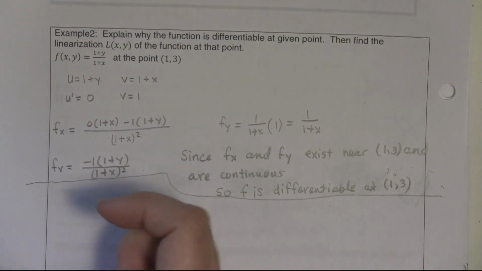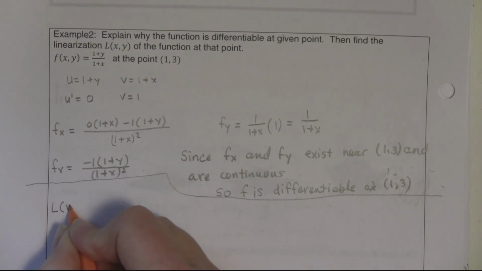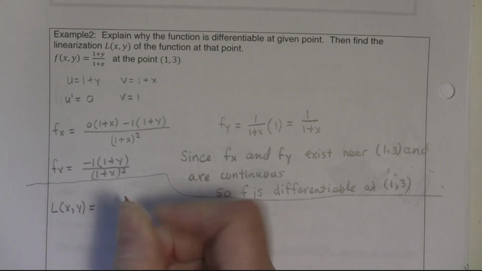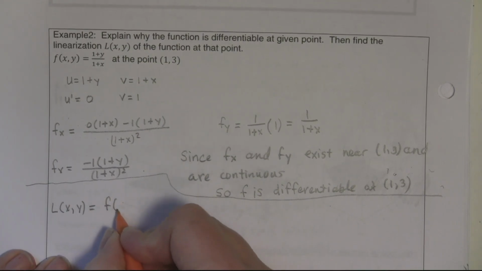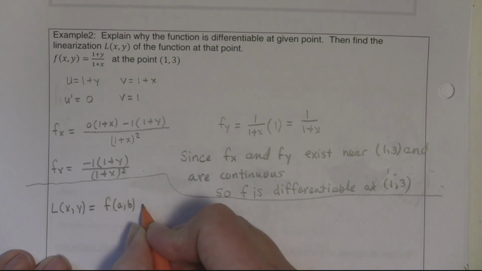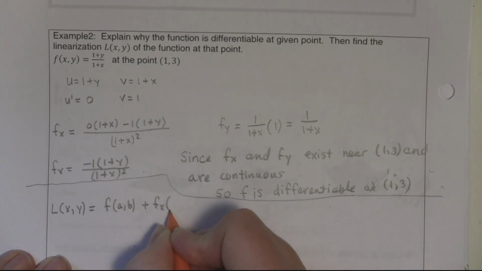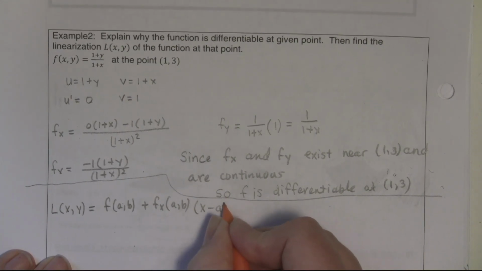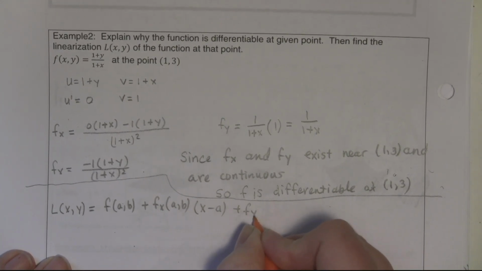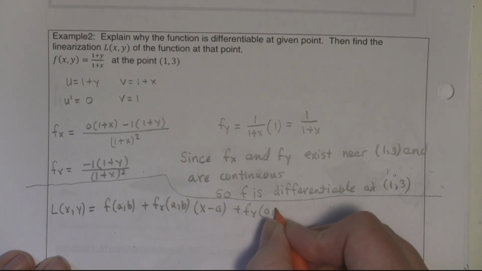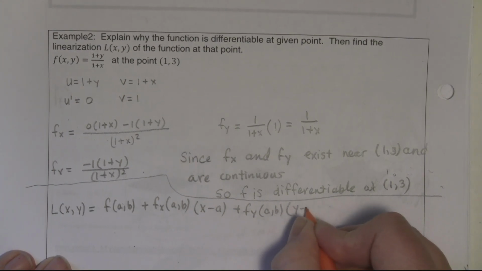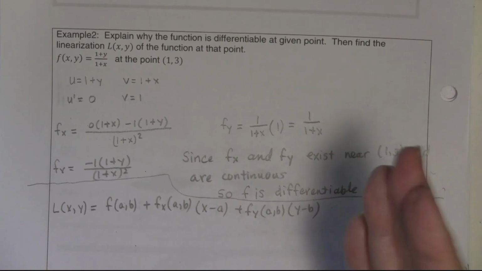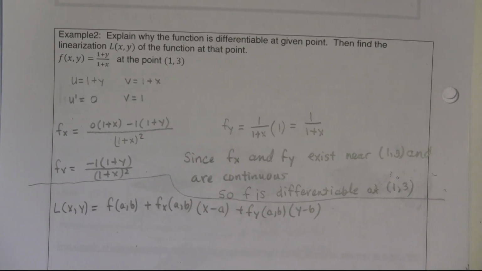They want us to find L at (x, y) equals f at (a, b) plus fx evaluated at (a, b) times (x minus a) plus fy evaluated at (a, b) times (y minus b). So they're wanting us to find that linearization. That's what they're asking us to find. And so we're going to give a try to that.